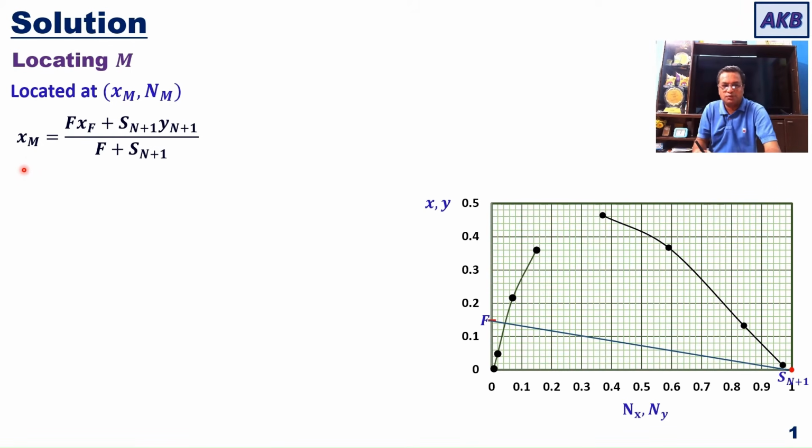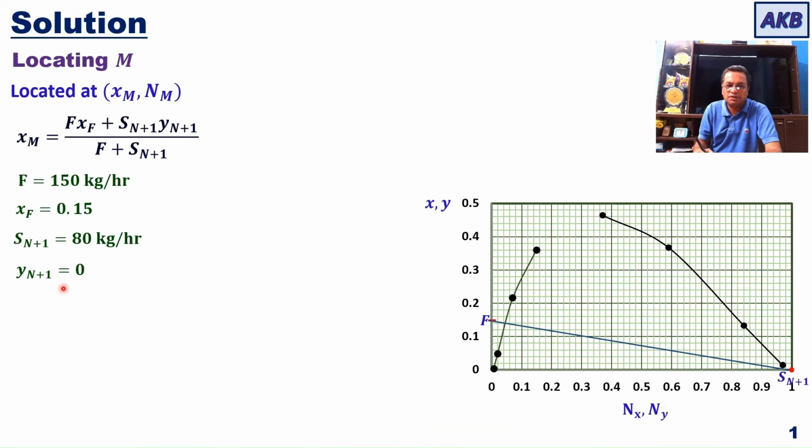We don't know xM. xM is given by this equation: xM is equal to (F xF plus S(n+1) y(n+1)) divided by (F plus S(n+1)). I have discussed this equation in my previous video. Now F is known to us, it is 150 kg per hour. xF is known to us, it is 0.15. S(n+1) is known to us, it is 80 kg per hour. And y(n+1) is also known, it is 0.